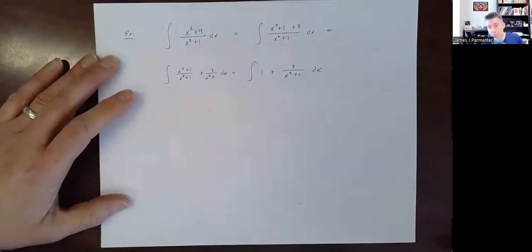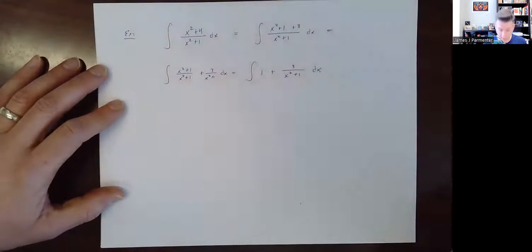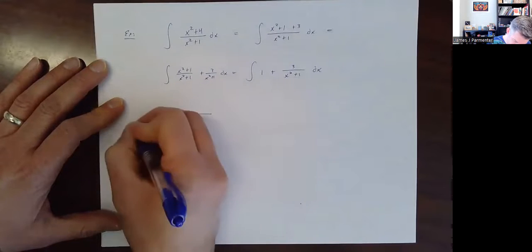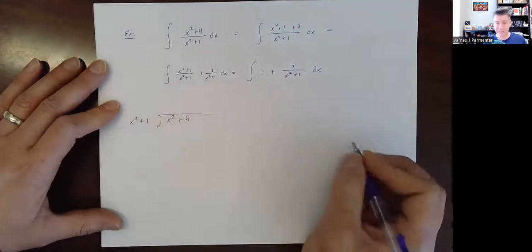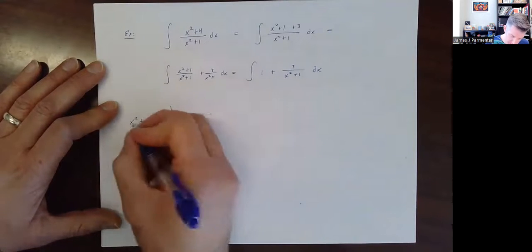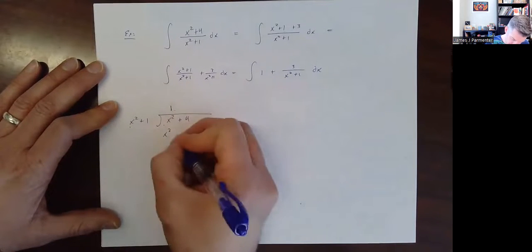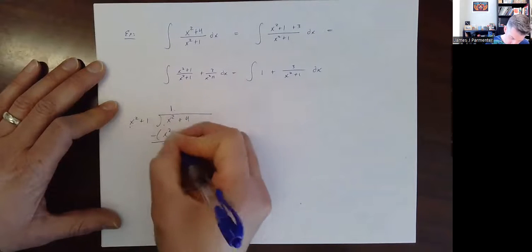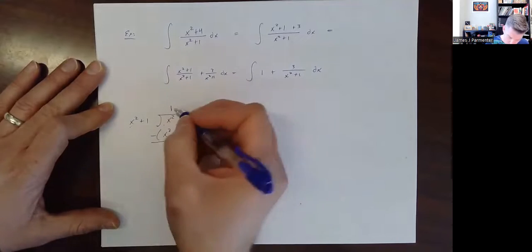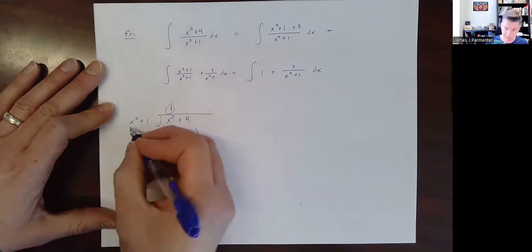But really, you've done the long division here. You just haven't written it out. If you do x squared plus 4 divided by x squared plus 1, it's kind of silly, but x squared times what equals x squared? Oh, it's a 1. 1 times x squared is x squared. 1 times 1 is 1. Subtract: 0, and 4 minus 1 is 3. So yeah, the integral is going to be exactly 1 plus 3 divided by x squared plus 1.